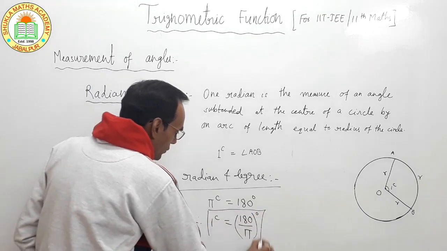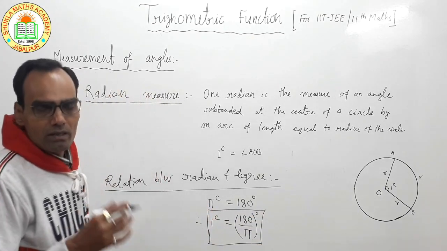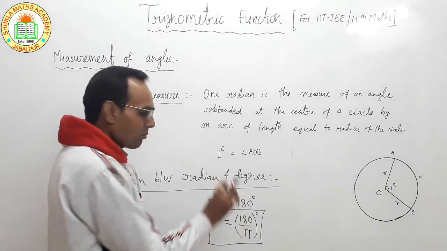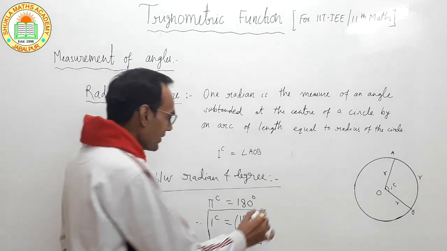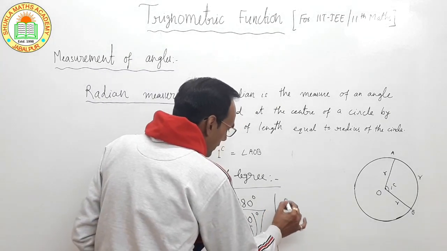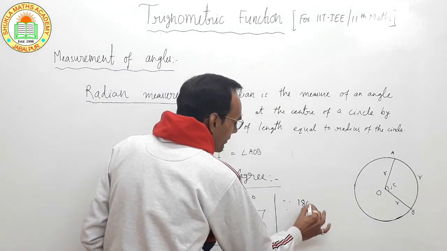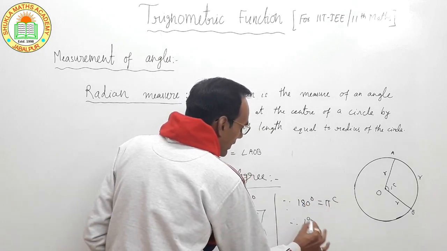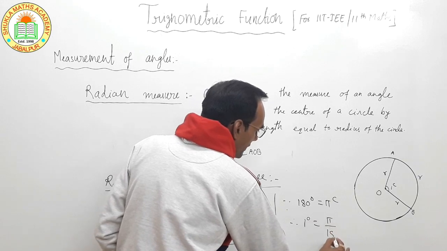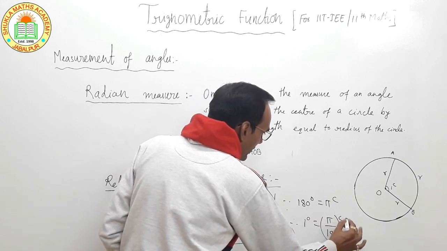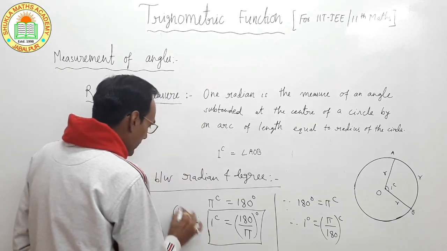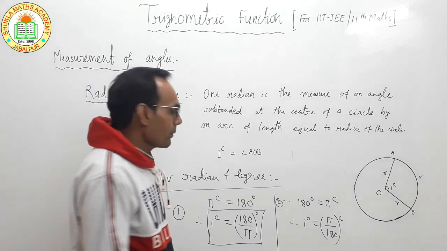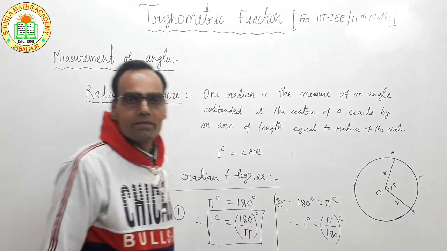Remember that. If we have to convert an angle value from radian to degree, we must multiply by 180 by pi. Similarly, because 180 degrees equals pi radian, therefore 1 degree equals pi by 180 radian. So it is the first one and it is the second one. When we have to convert degree to radian, we must multiply by pi by 180 radian.